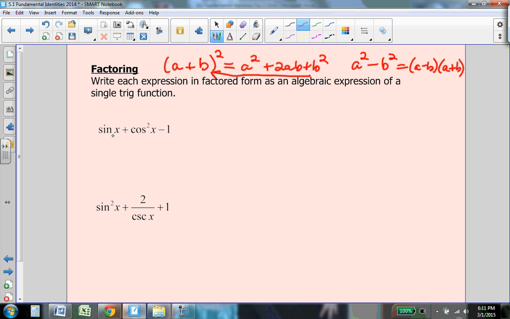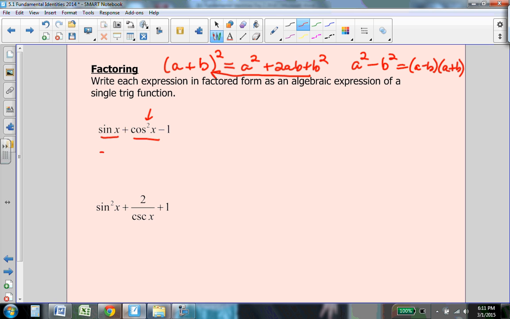Okay, this first one here, I do not like the fact that I have sine and cosine mixed. Not at all. So I'm going to replace the cosine squared because I have a Pythagorean identity that links the cosine squared to a sine squared, which will agree with this sine and I can do something with it.